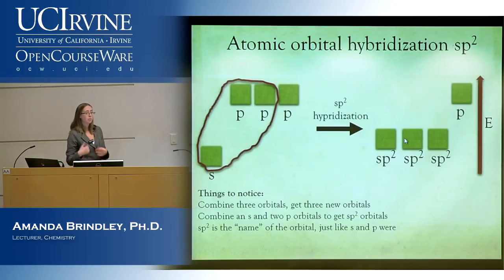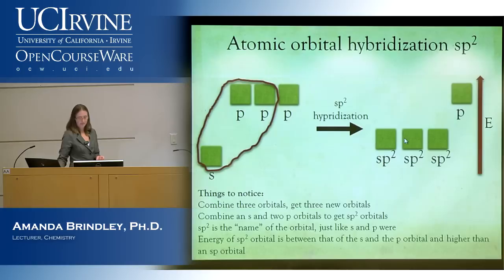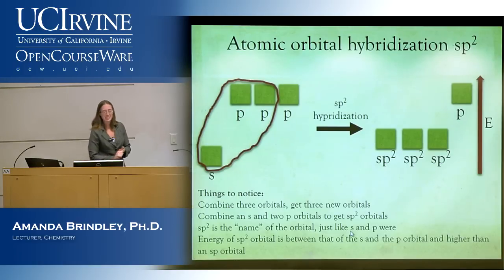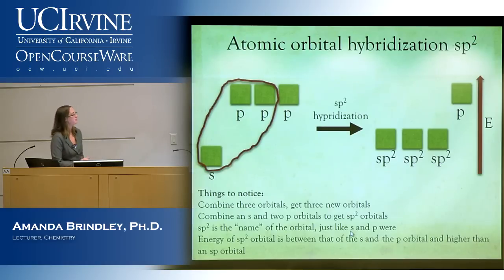Do we think they're going to look more like a p orbital or less like a p orbital than the sp orbitals? More like a p orbital. Okay, and you guys are kind of psychic on the questions today. I like it. So the energy of an sp2 orbital is between that of an s and a p orbital, and it's also higher than an sp orbital.